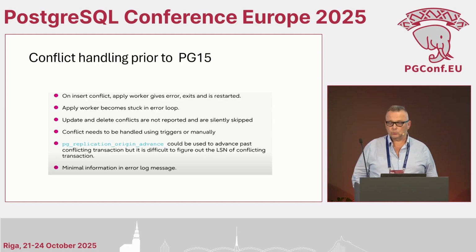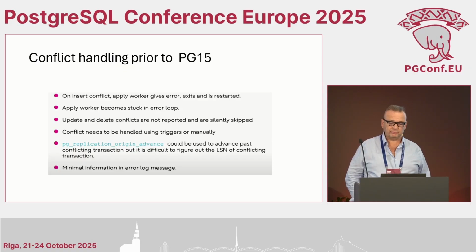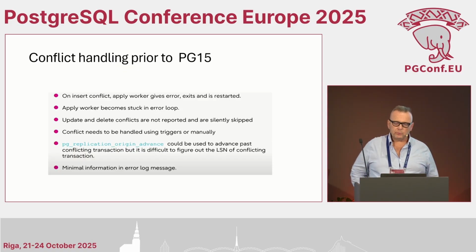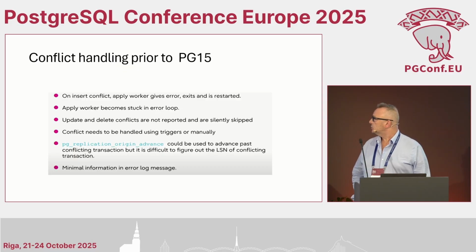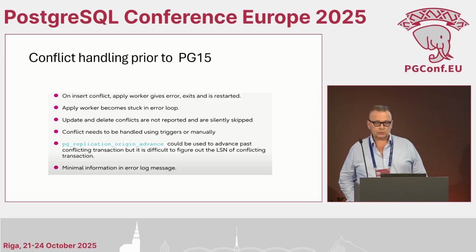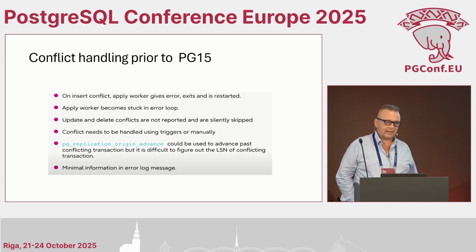Or you could use an automatic solution. You could use a before trigger. And although there were functions like pg_replication_origin_advance to do this, this was quite dangerous, and it was also quite laborious because in order to use it, you needed to know what the next LSN would be. And of course, it wasn't as intuitive to work that out.